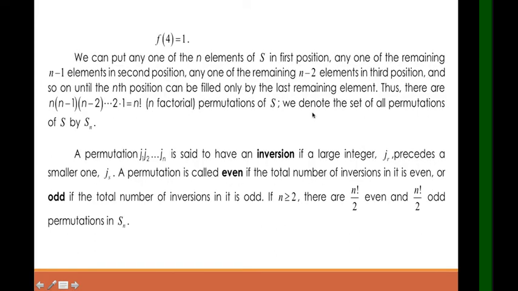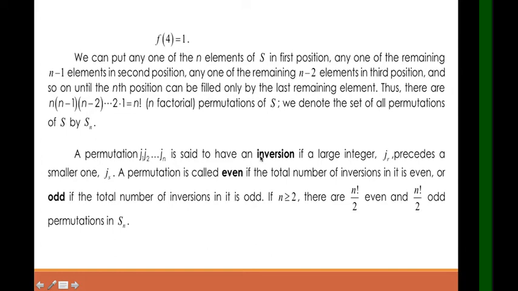For the permutations of S, we denote the set of all permutations of S by S sub n. A permutation j1, j2, and so on up to jn is said to have an inversion if a larger integer jr precedes a smaller one, js. A permutation is called even if the total number of inversions in it is even, or odd if the total number of inversions in it is odd.